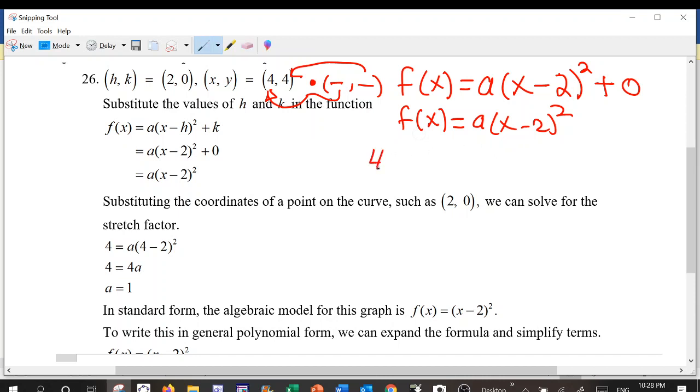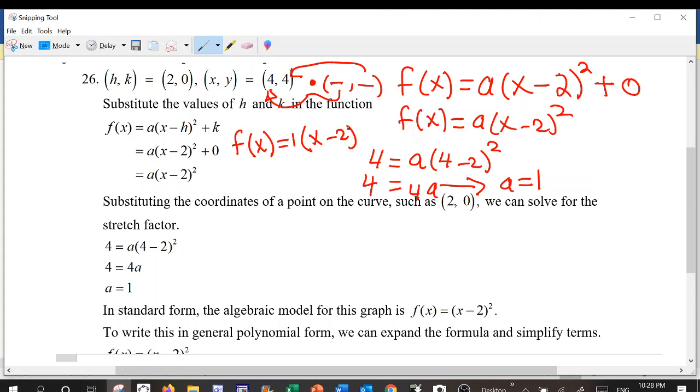So we put 4 equals a times 4 minus 2 squared. 4 minus 2 squared is 2 squared, which is 4. So 4a equals 4. So a equals 1. So the formula for this function is 1 times x minus 2 squared.